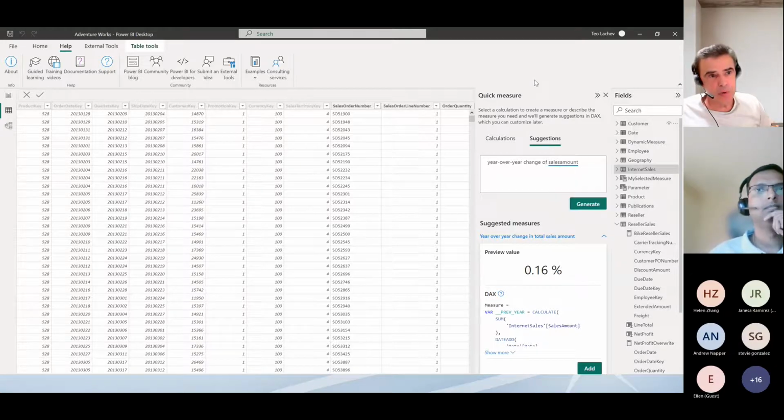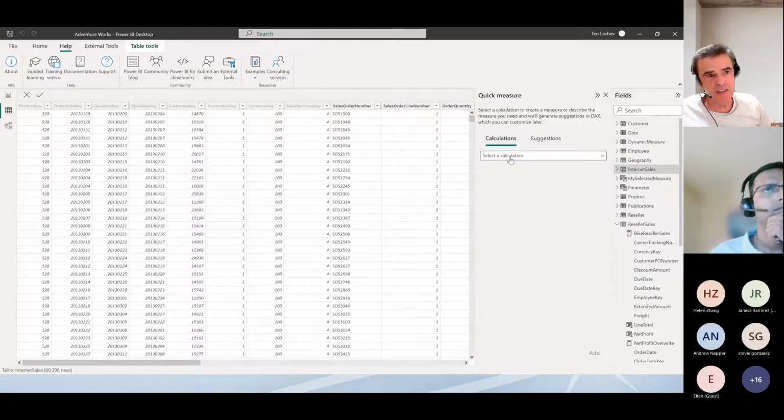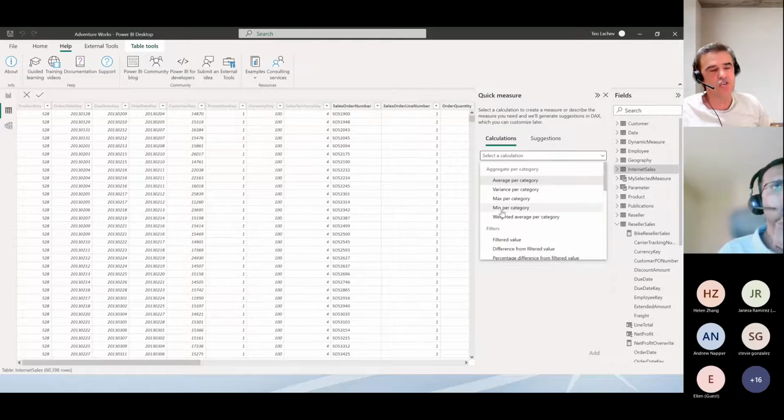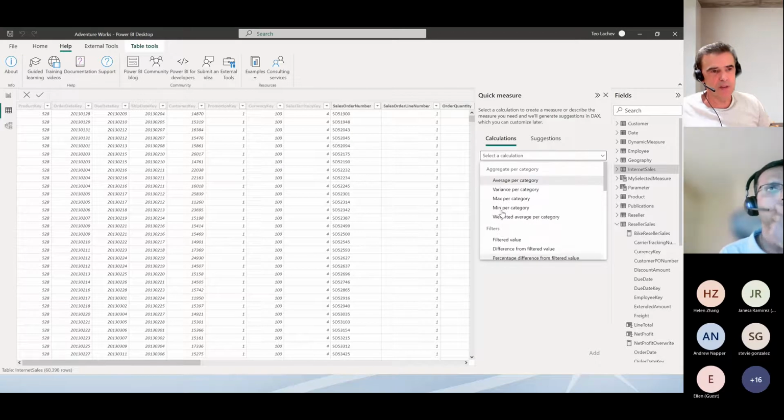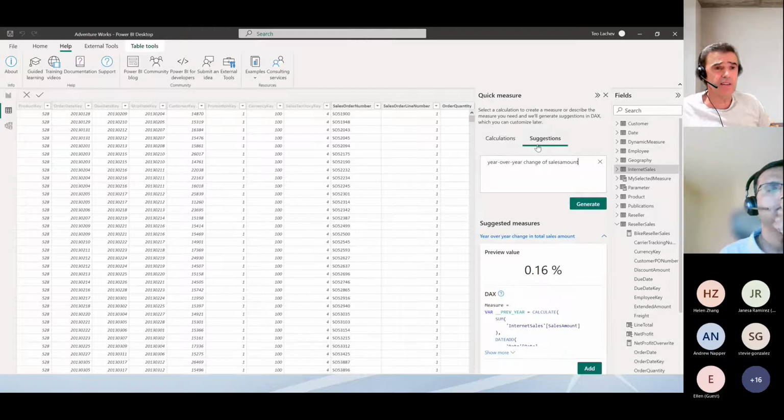But once you go to the quick measure, previously you would just get the ability to select a quick measure. It has a predefined formula, and that's great. Now you can use Q&A to tell Power BI what kind of measure you want. For example, here I typed year over year change of sales amount.